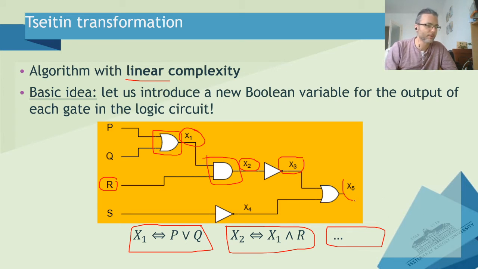So for example, here, can you tell me how to define x5? How to define it? It's x3 or x4. That's it. This is also good, actually.